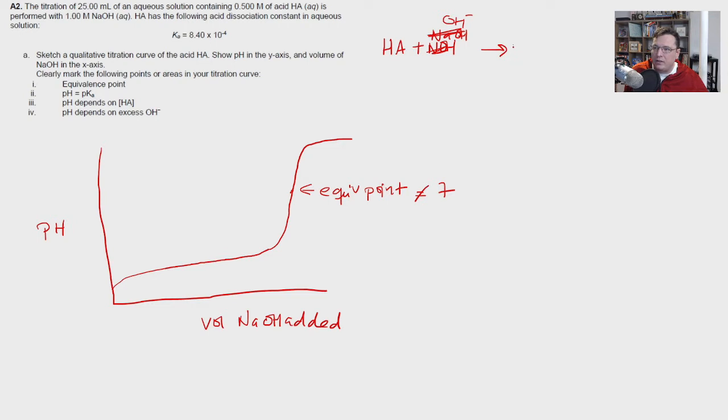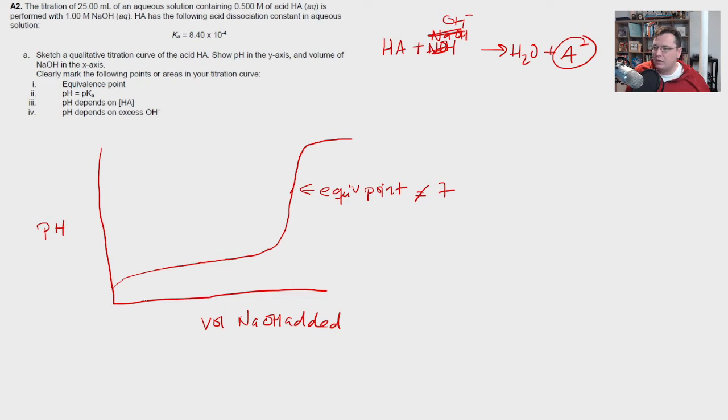And what you're going to end up with is H2O, which is the neutralization part, but you're still going to have some of that conjugate weak base present in the solution. And that conjugate weak base can still influence what the pH is in that case, because now that's going to have an equilibrium together with the water to reform H plus or OH minus in those cases. So that's an important thing to think about in these scenarios.